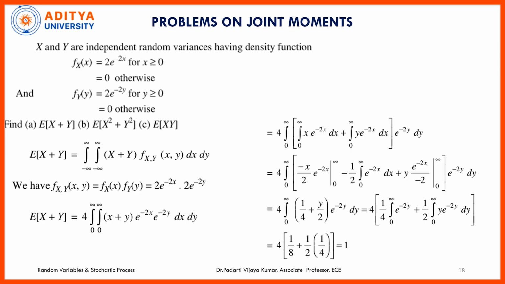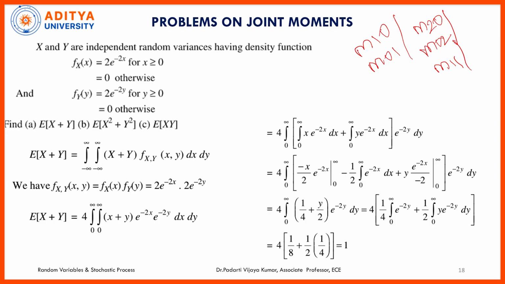Here they are asking us to calculate expectation of x plus y, expectation of x square plus y square, and expectation of xy. Expectation of x means m10, expectation of y means m01, expectation of x square is m20, expectation of y square is m02, expectation of xy is m11.